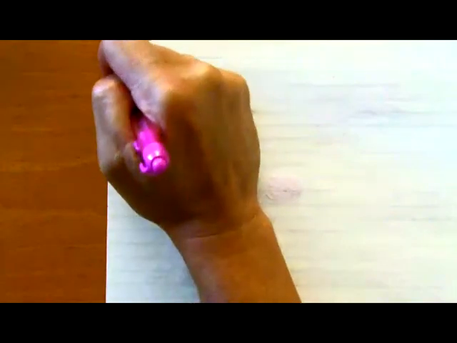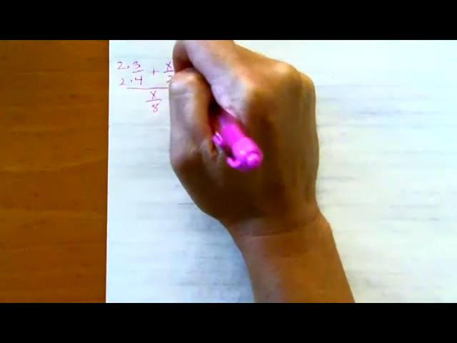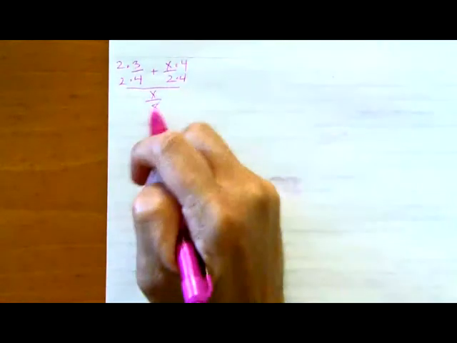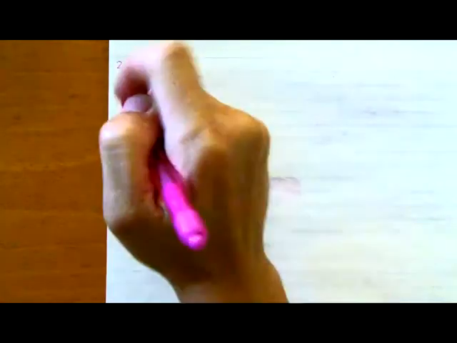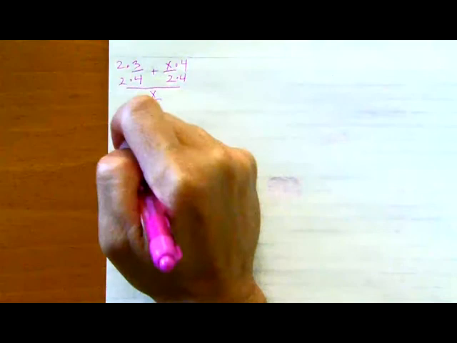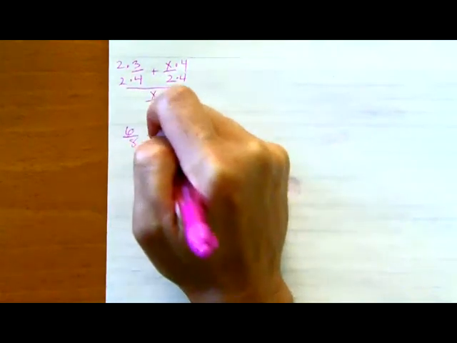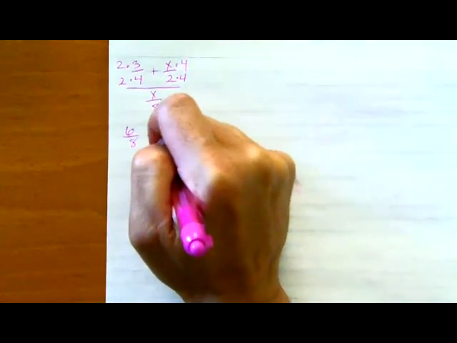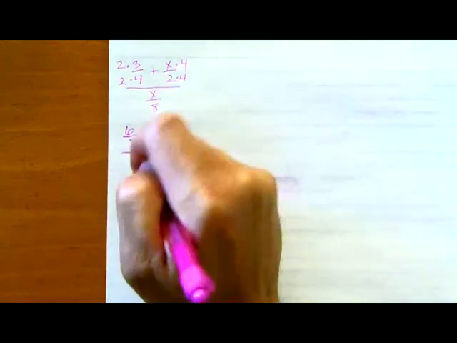Common denominator for all of the fractions is 8. I'm going to get all the denominators to match. This one is already 8. So that's 6 over 8 plus 4x over 8, over x over 8.